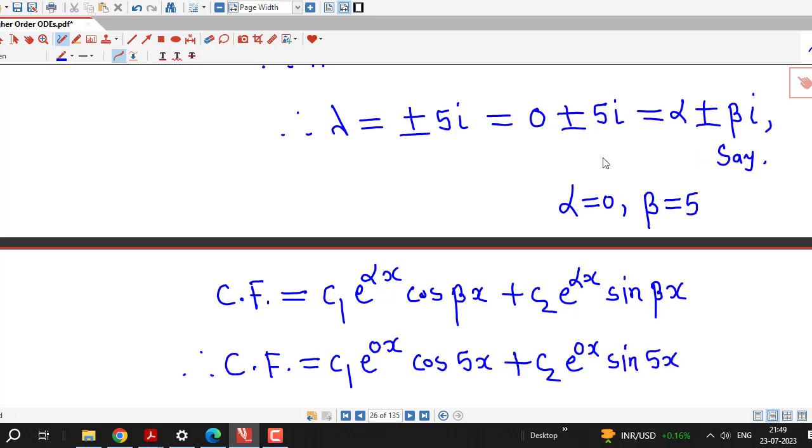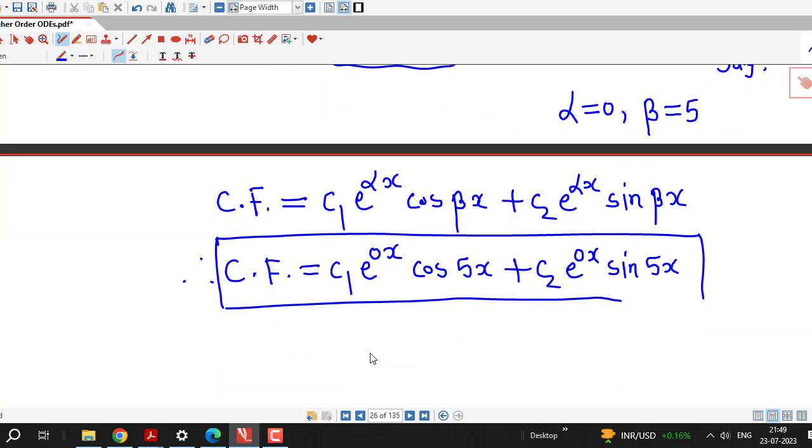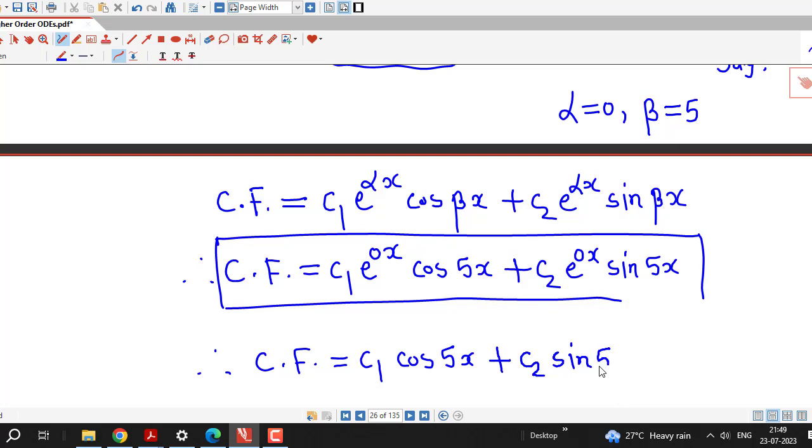If you are comfortable, you can directly write down this part without considering the notations alpha and beta. You can directly write that the complementary function is given by this expression, and e raised to 0x is 1. Therefore the complementary function will be c1 times cosine of 5x plus c2 times sine of 5x.